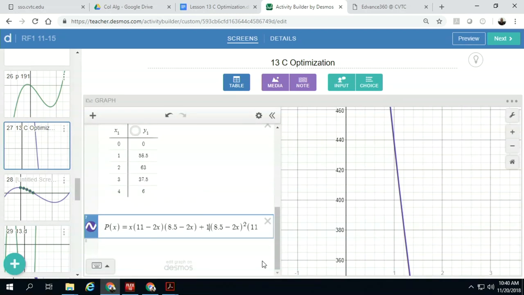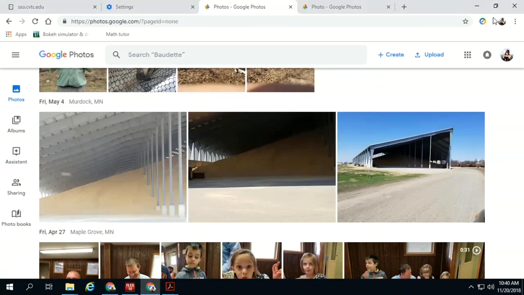Page 157. They talk about strategies for factoring polynomials.